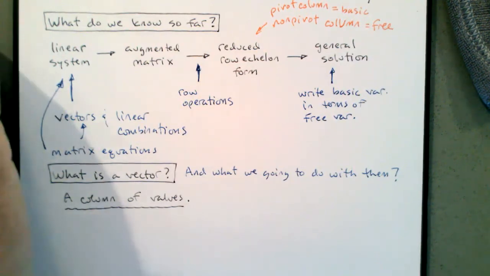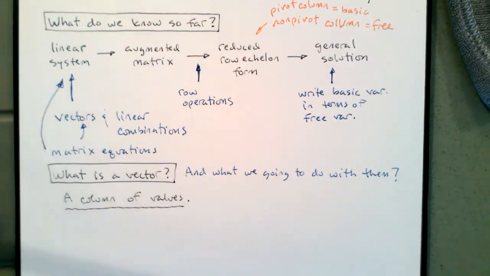One of the things you might remember about vectors, some of you I know have been through physics courses. This column of values is going to denote a magnitude and a direction. That's classically what we think of as a vector.